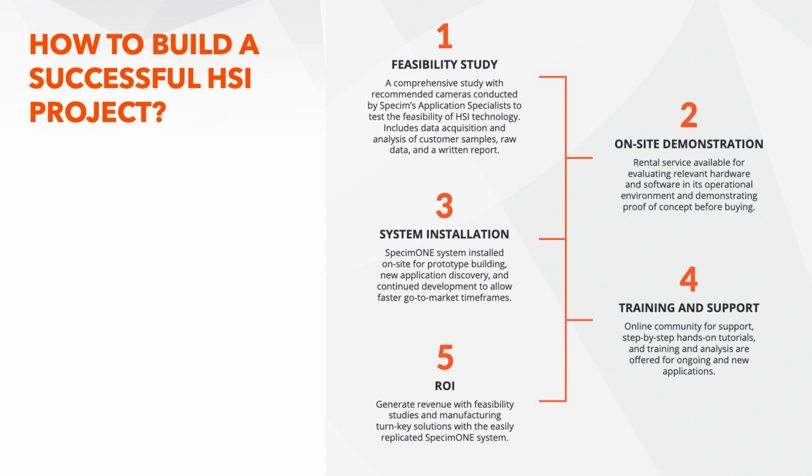Once the feasibility study is done and the application seems to be doable, it makes sense to make an on-site demonstration. There is a possibility as well to rent some of our cameras, and we can also make online demonstrations. But really you can have this type of rental service for evaluating the technology.